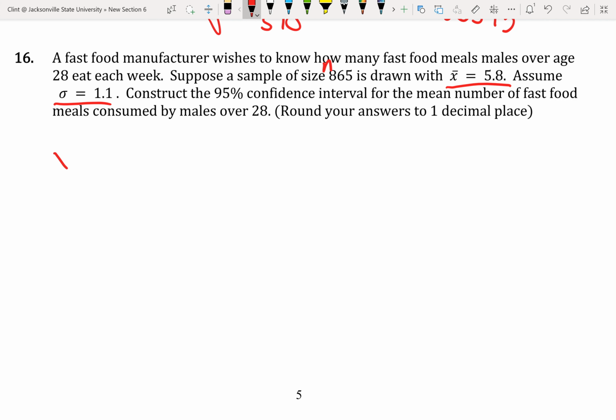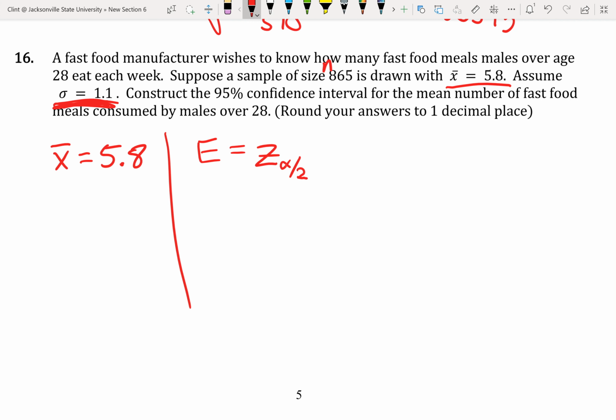Okay, so first of all, we got our starting point, x bar is 5.8. The other thing we need to figure out is our margin of error. This is a sigma known situation, so we will have z sub alpha over 2 times sigma over the square root of n. The way we figure out our z's, we look at our confidence.